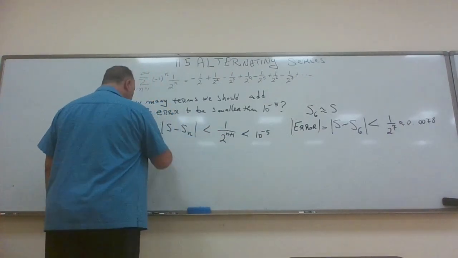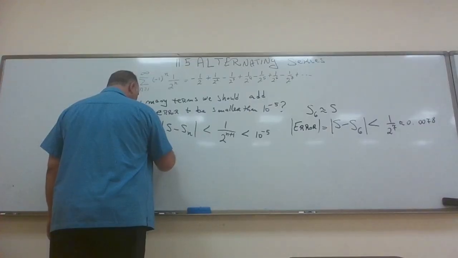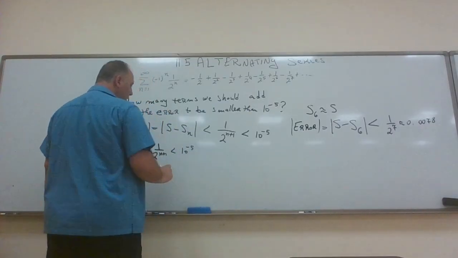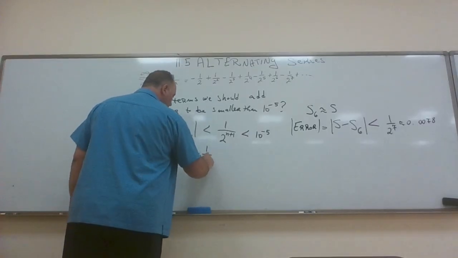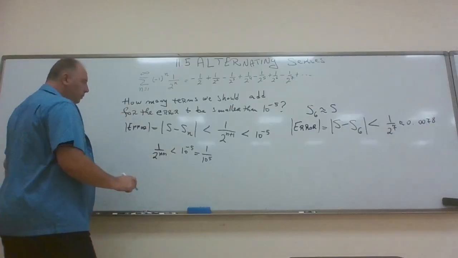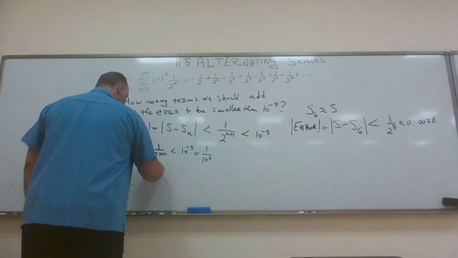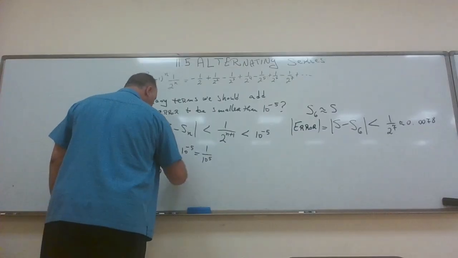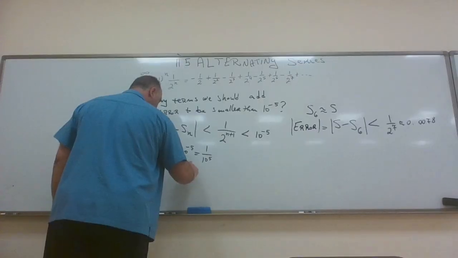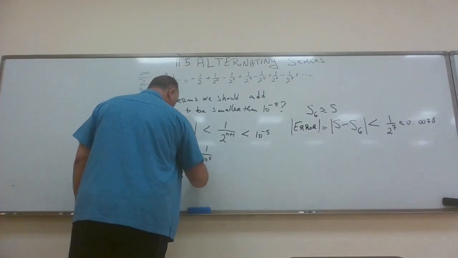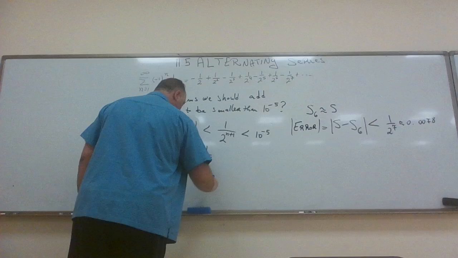Here I have 1 over 2 to the power n plus 1 needs to be smaller than 10 to the power minus 5. So I just swap them, essentially. Everything is positive. And this part here is 2 to the n times 2.